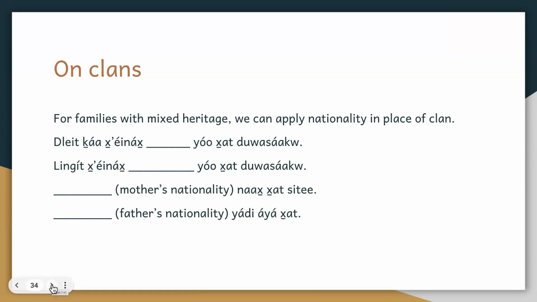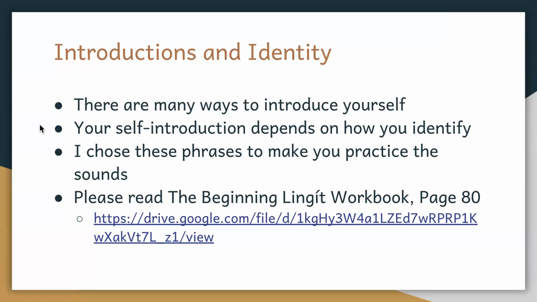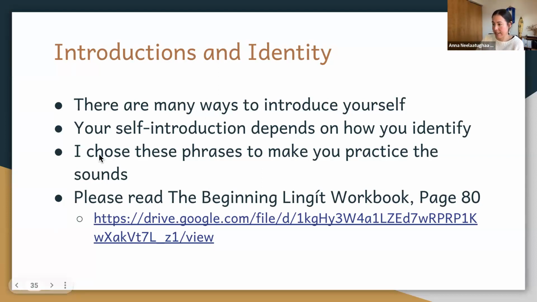So going forward, a couple points we've already covered. There are many ways to introduce yourself. Like I said, your self-introduction depends on how you identify. And just to reiterate, I chose these phrases that we're using today so that you are forced to practice the sounds for pronunciation practice's sake.